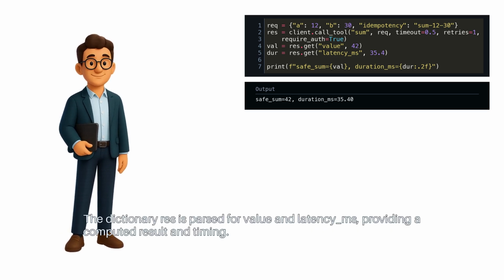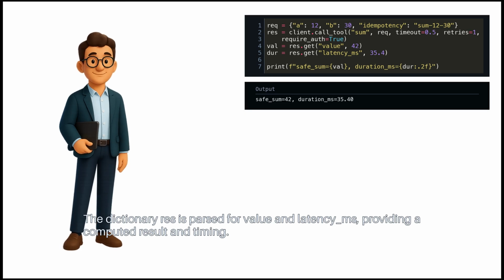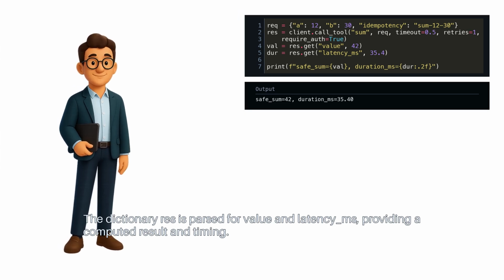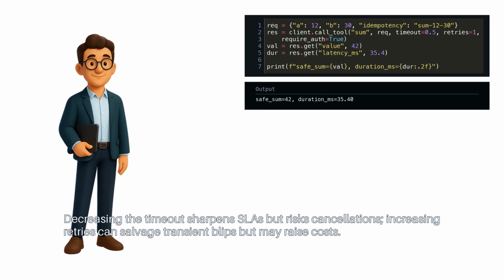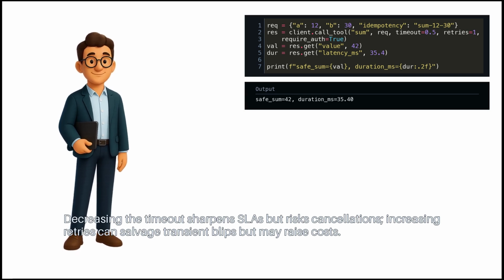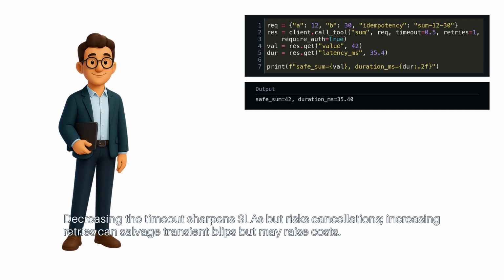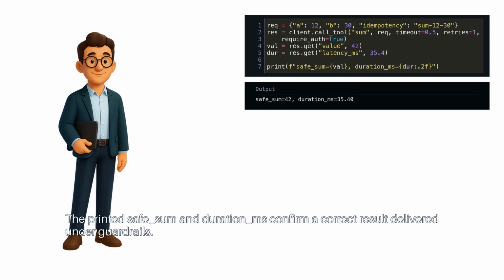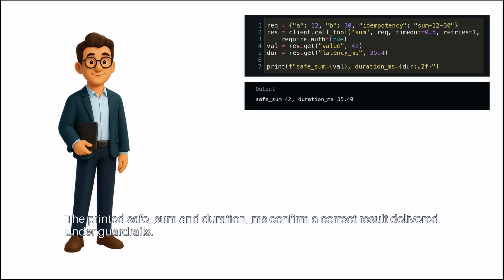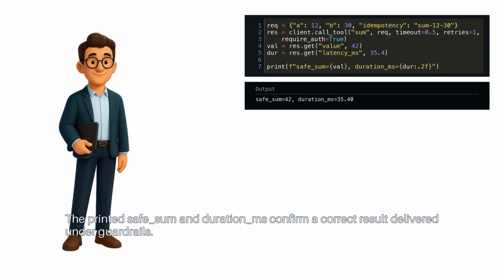The dictionary res is parsed for value and latency ms, providing a computed result and timing. Decreasing the timeout sharpens SLAs, but risks cancellations. Increasing retries can salvage transient blips, but may raise costs. The printed safe sum and duration ms confirm a correct result delivered under guardrails.